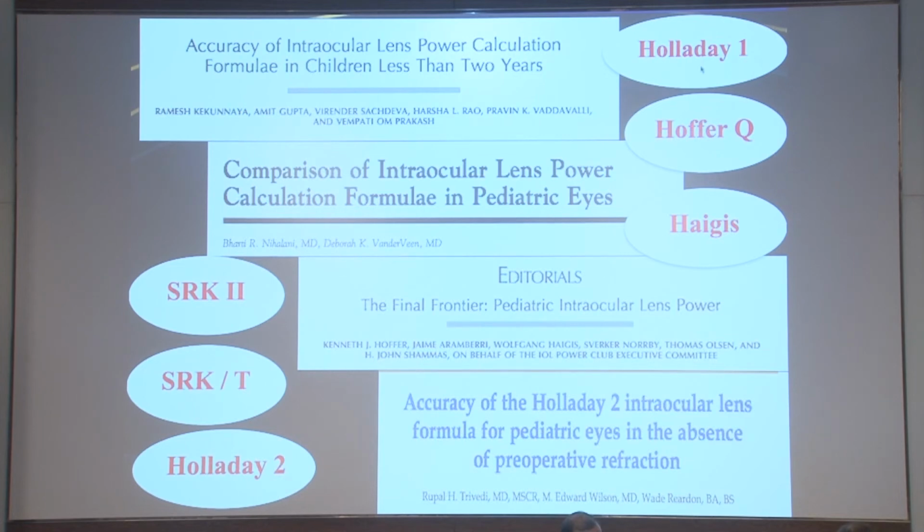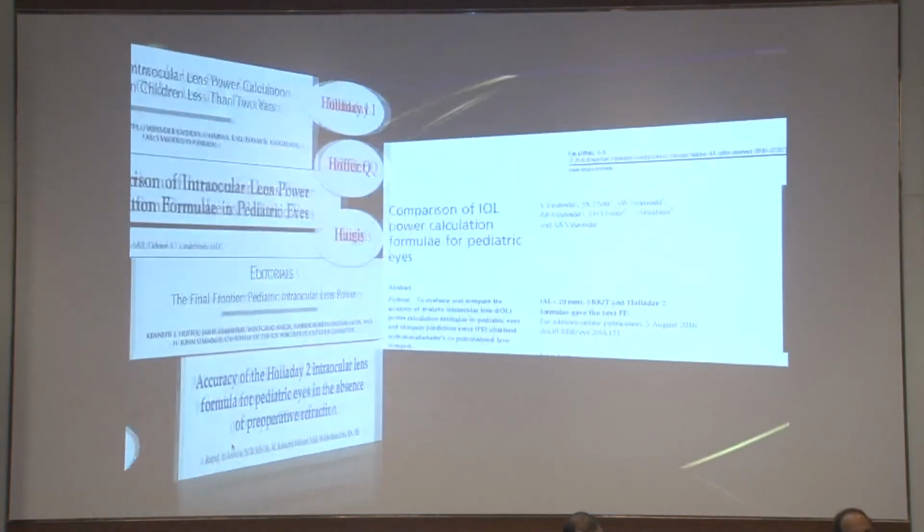One suggests Holladay 1 is better, some would suggest Hagis, SRK/T, Holladay 2, and so forth. That's because there are multiple factors involved in such eyes, whether it was a unilateral cataract, bilateral cataract, associated with microphthalmos, no microphthalmos, and so on and so forth. So there is still no consensus as to which is the most accurate power.